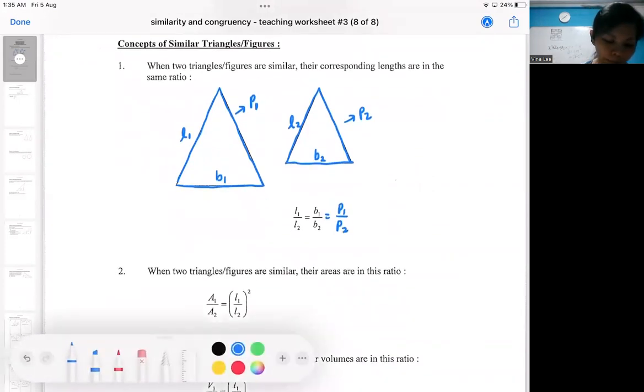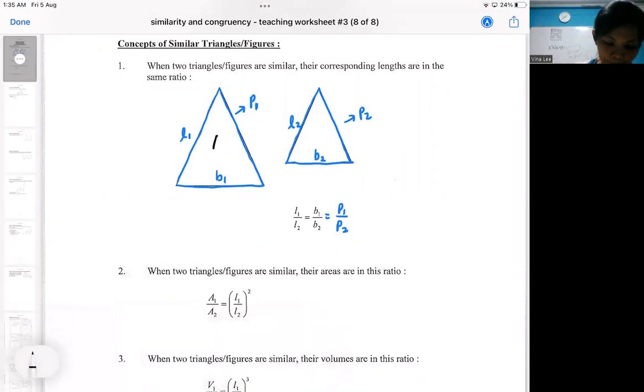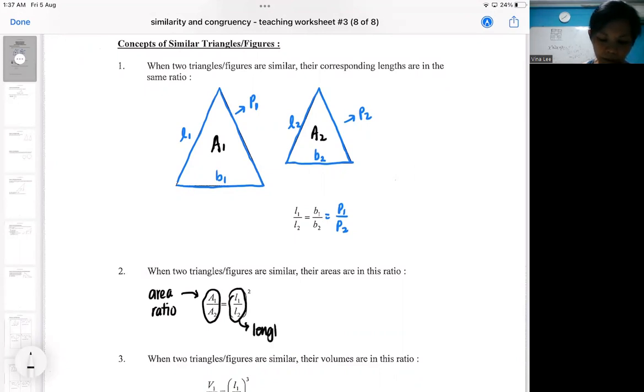When you compare the area, this is what we'll call the area ratio. This area ratio is the squaring of the length ratio. So you're going to square the length ratio.